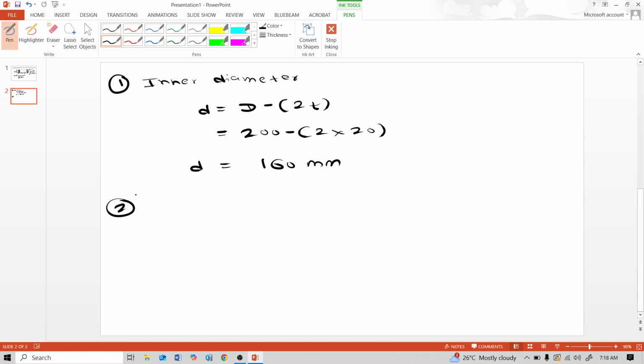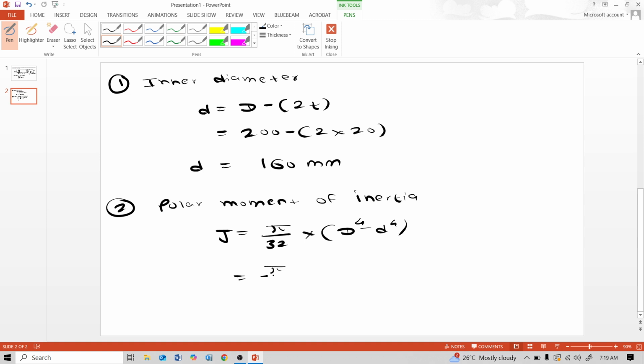Second, for a hollow circular shaft, the polar moment of inertia formula: capital J is equal to pi by 32 into capital D raised to 4 minus small d raised to 4. Capital D is 200 and small d is 160.